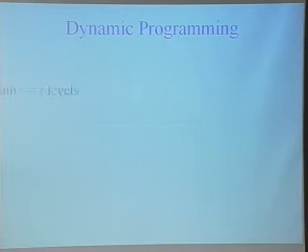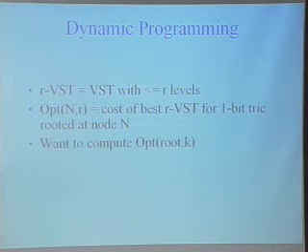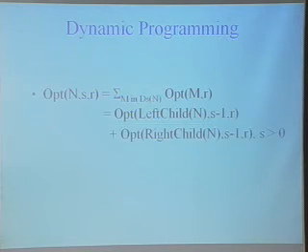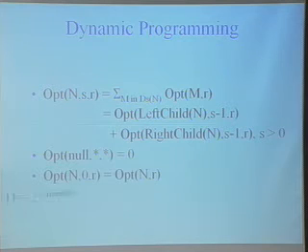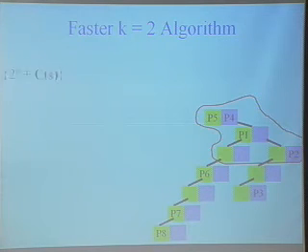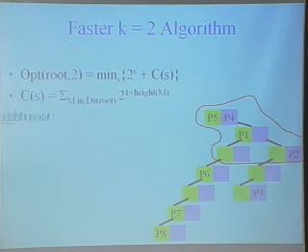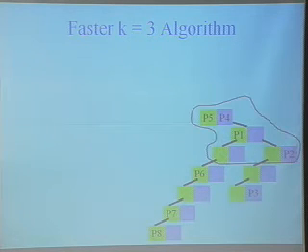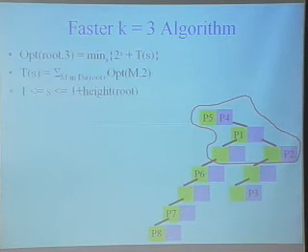Right, so you can solve this using dynamic programming. I'll skip the formulation. Okay. And actually you can get clever about the algorithms and come up with better algorithms for the case where only 2 accesses are allowed, and also for the case where only 3 accesses are allowed.